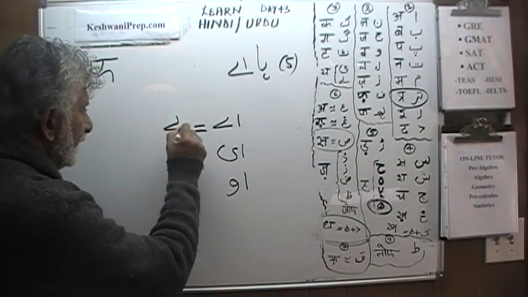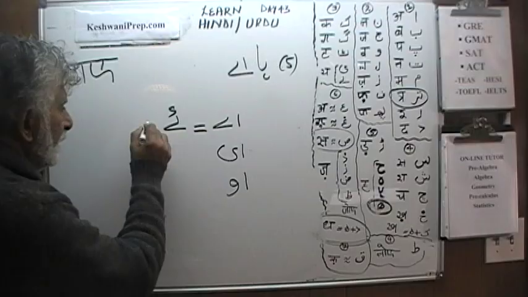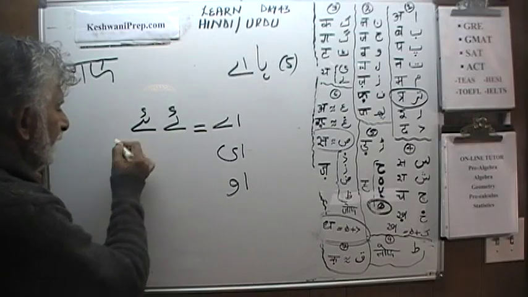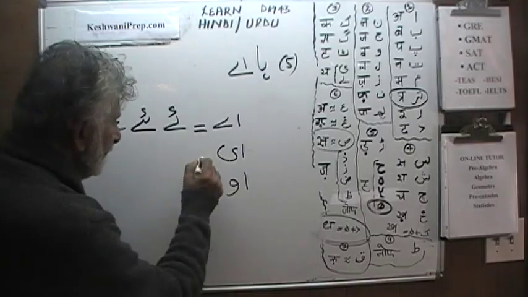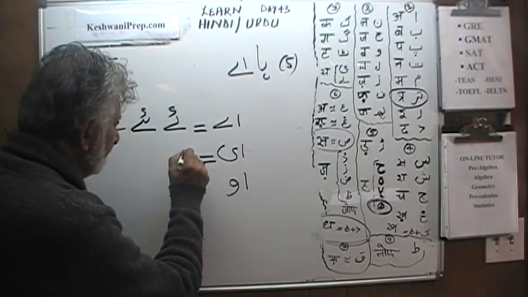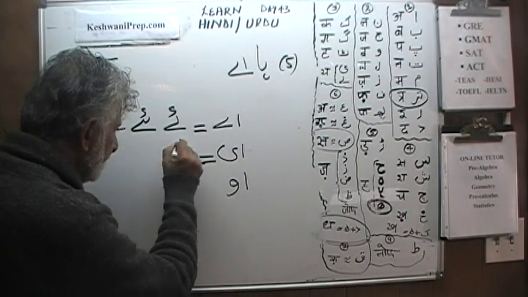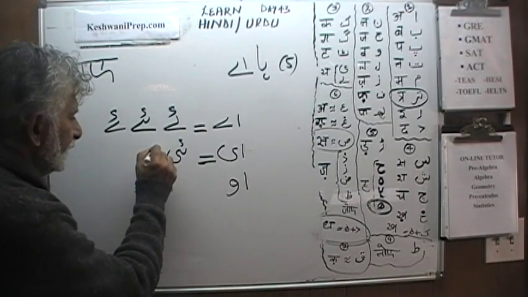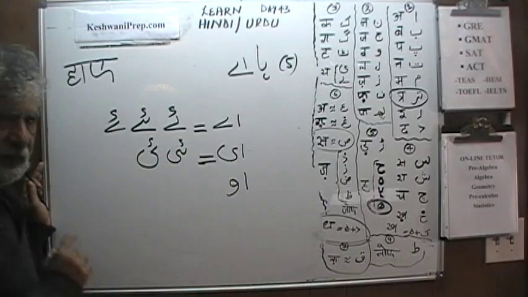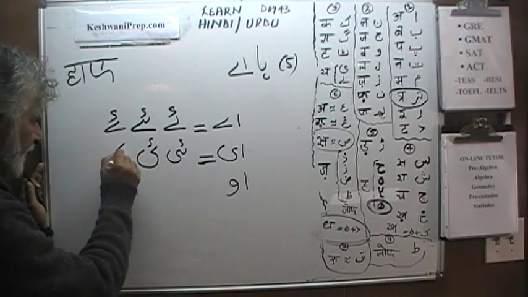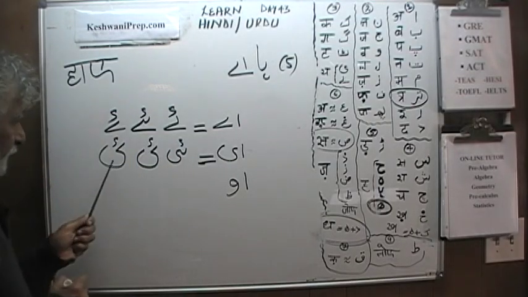You make it like this, or you can make a loop like this and put it there, or you can just do this. Either way is fine. Any one of these is fine. Similarly, E, you can write it as a loop and then choti A, or you just make a straight line like this and like that. That's the E. So this is not one letter.